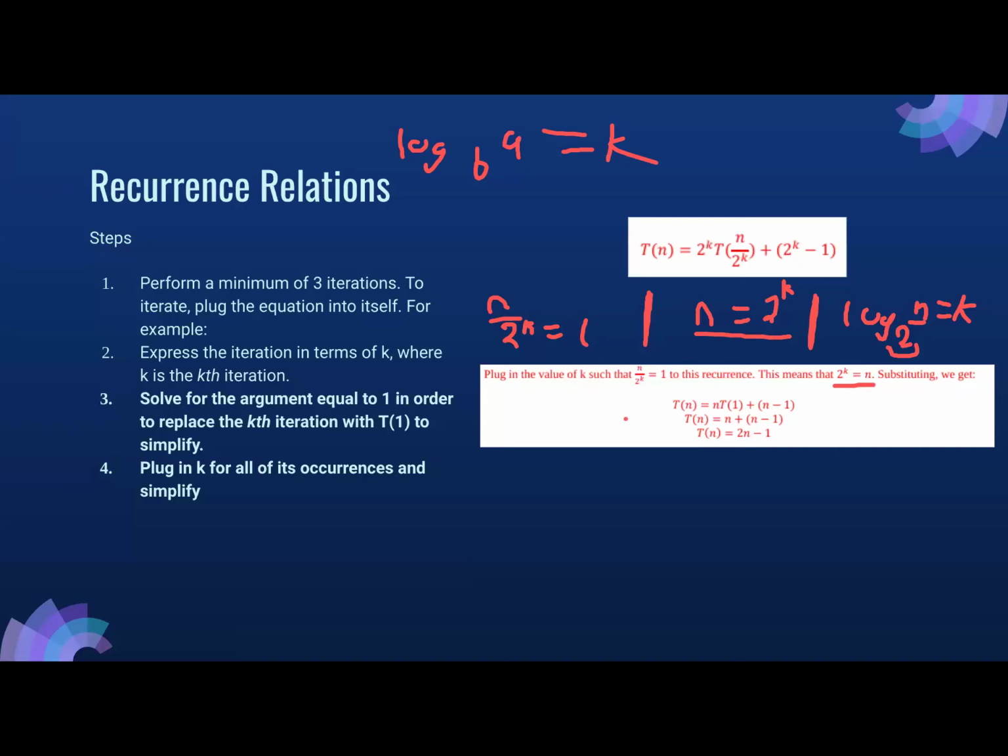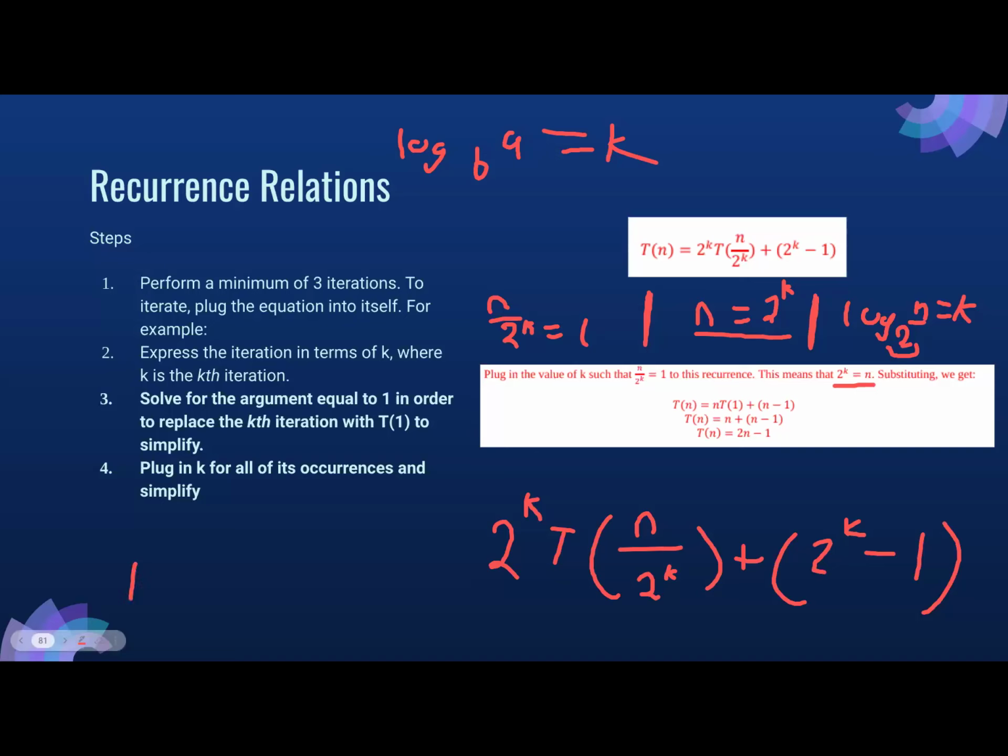We are left with 2^k T of n over 2^k plus 2^k minus 1. Well, here's the thing, right? If you have, let's say, b to the power of log base b of a, this cancels out. So if you have the base to the power of a log with that base, this cancels.